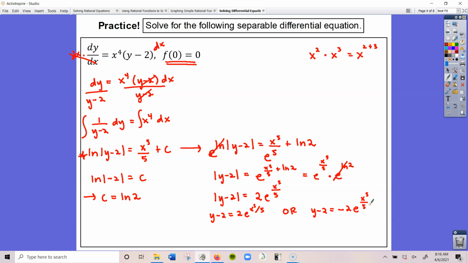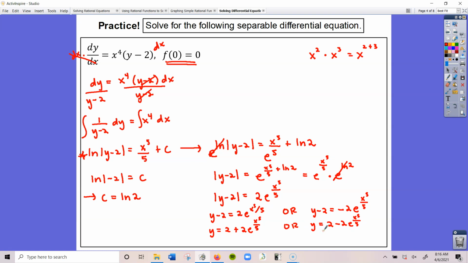Since, like I said, absolute value could be positive or negative. Now we would add the 2 over to both sides of these equations. So y is equal to 2 plus 2e raised to the x to the fifth over 5, or y equals 2 minus 2e raised to the x to the fifth over 5.